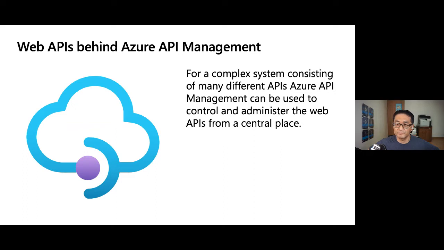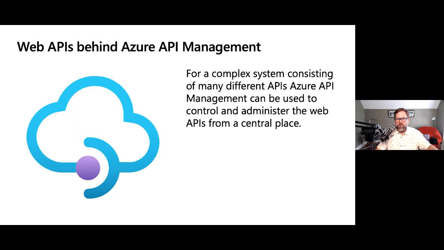It gives you a way to combine APIs from multiple different sources into one portal. If you had microservices, with APIs all over the place on different Azure App Services, you can make them available all through one area. It gives you a way to do API tokens, so you can have subscriptions to various APIs. So this is a really super powerful tool, and you can administer all your APIs from one central spot.